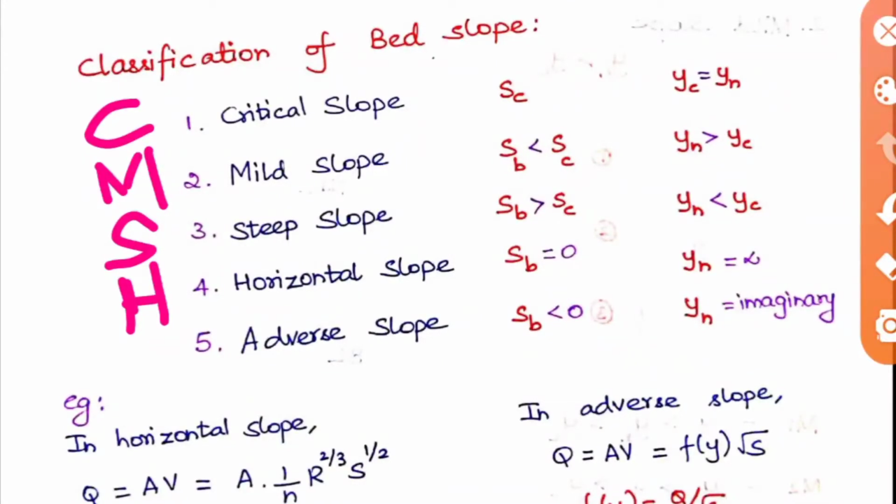The fifth one is the adverse slope, which is denoted as A. Here SB will be less than 0, the slope will be less than 0, and YN will be imaginary, so it cannot sustain a uniform flow. These are the general definitions for this classification of bed slopes. Now, how do these two points, infinity and imaginary, come about? Let us see that.